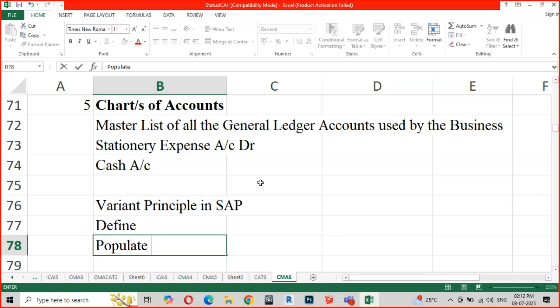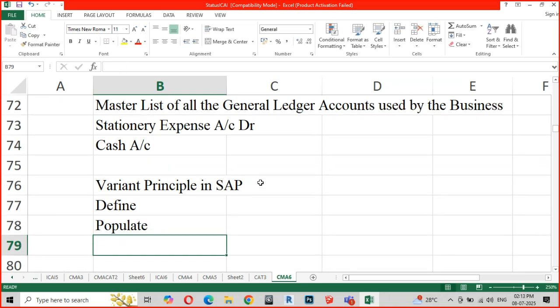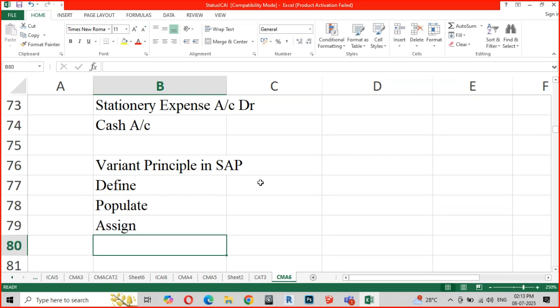It is created with the general ledger accounts, which is called population, providing the general ledger accounts into that master structure definition. Then assignment, or assign.